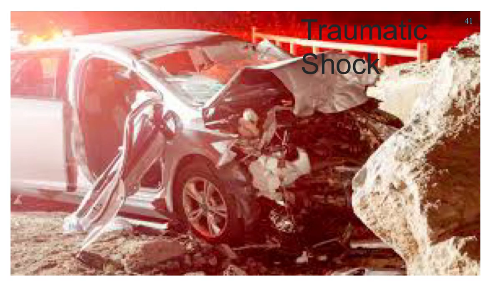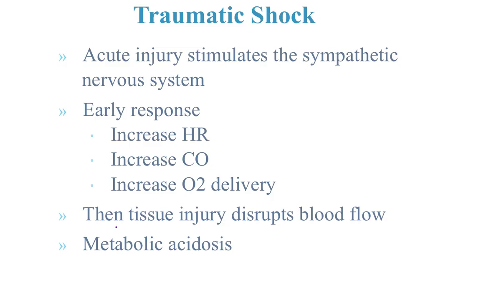So traumatic shock, like we talked with hypovolemic shock, this is just a part of hypovolemic shock. So traumatic shock, remember, is going to be hemorrhage or hypovolemia that has to do with soft tissue damage. With traumatic shock, the initial injury, so the initial phase, is going to stimulate that sympathetic nervous response.